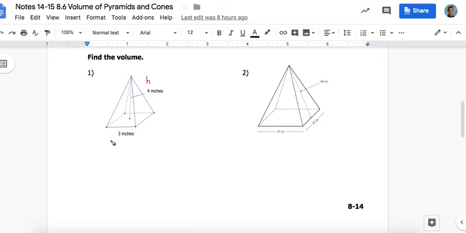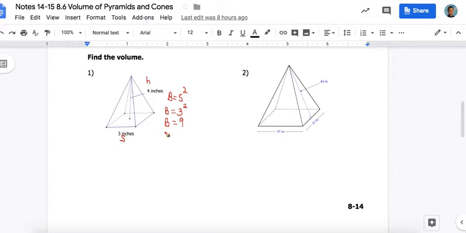Now this right here is the side. So we're going to have to calculate the base because we don't know what big B is. But remember, if it's a square-based pyramid, then the base is S squared. So the side here is 3, so we're going to write big B equals 3 squared because that's what the side is. And the big base is 9.